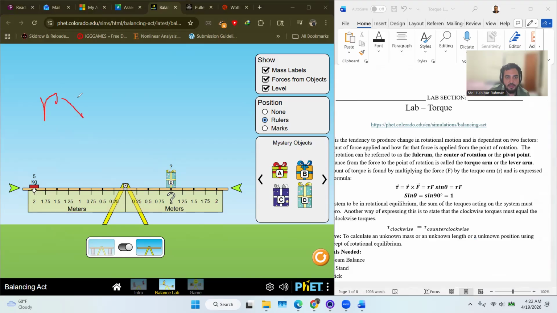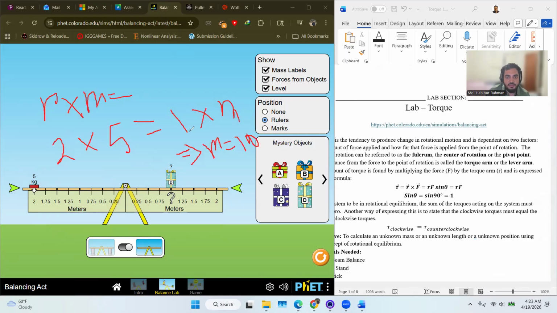So distance times force. The gravity on both sides is equal, so mass times the distance: 2 times 5. And this side is 1 times the length, and I don't know the mass. It will be 10 kg. Do you understand?